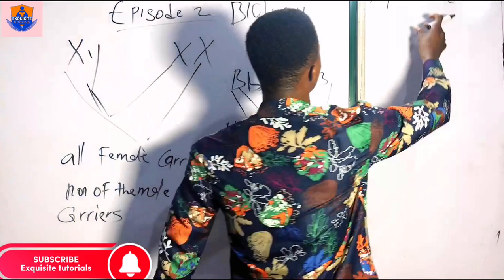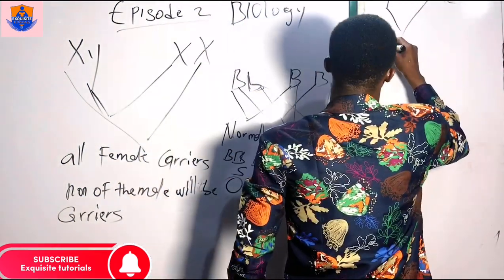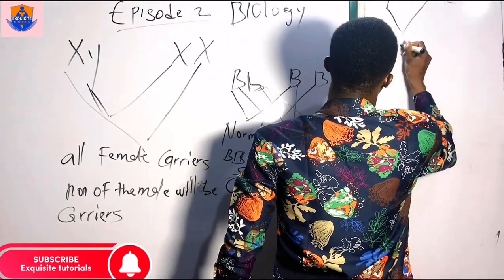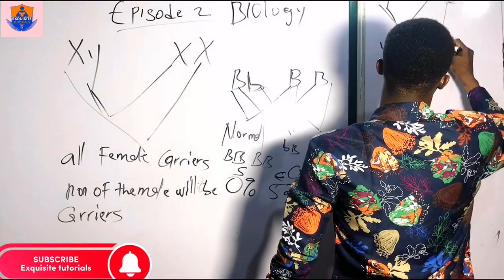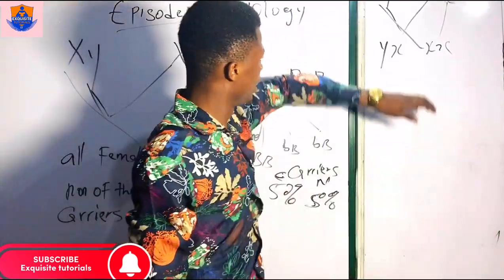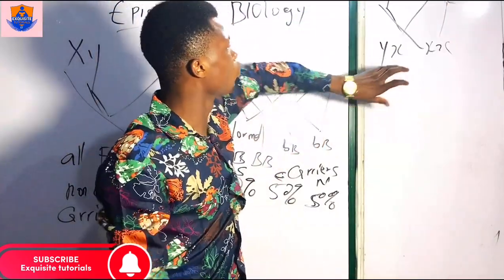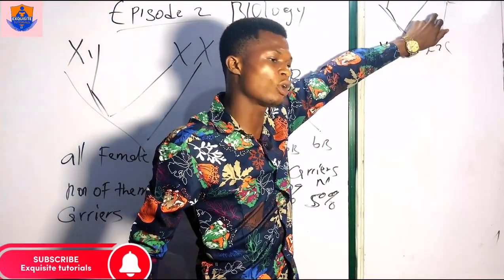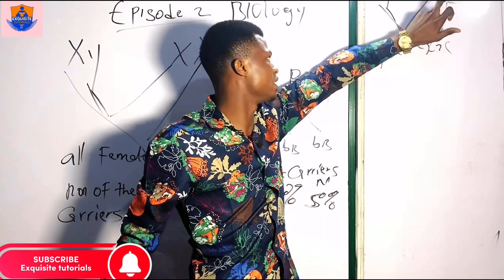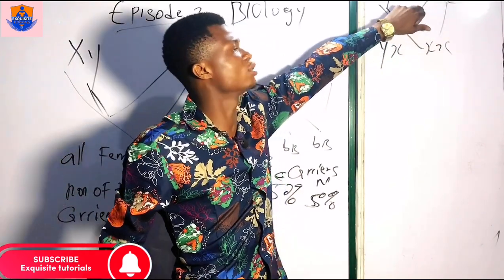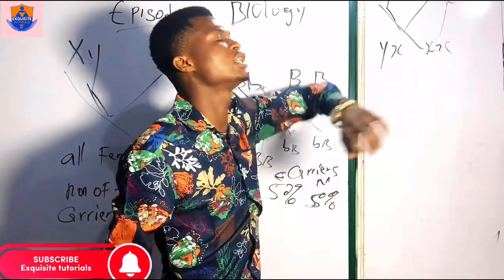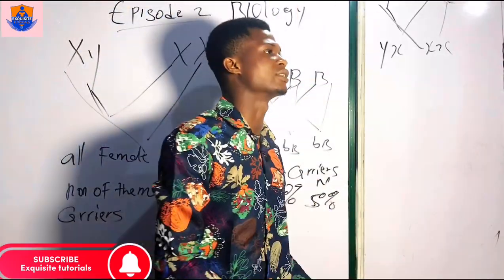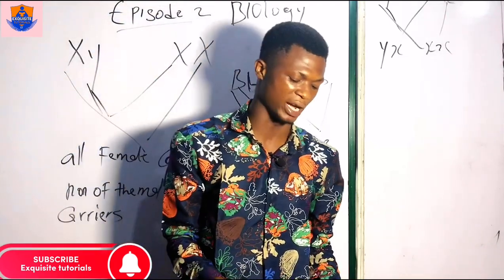The male will take one Y chromosome from the man and one X chromosome from the woman. The female will take one X chromosome from the man and one X chromosome from the woman. So both the male and female children will take chromosomes from their mother, who is a carrier. So there is a probability that 50% of the female and 50% of the male children will be carriers. That means all the children are likely to be carriers of this trait of color blindness.